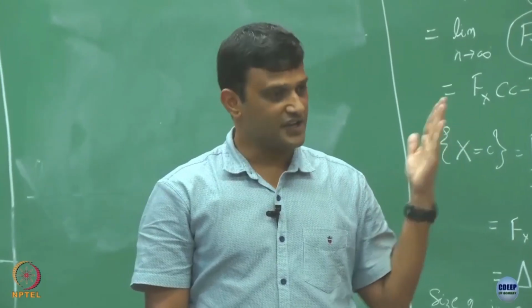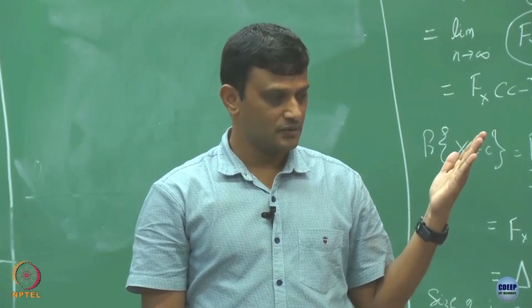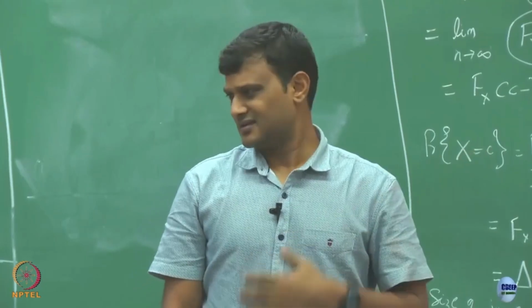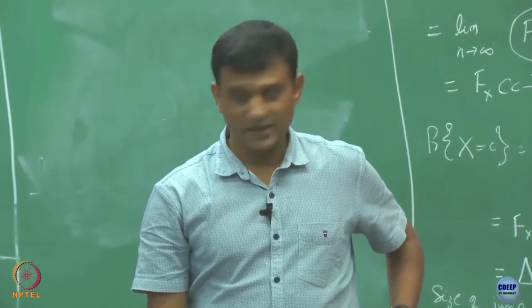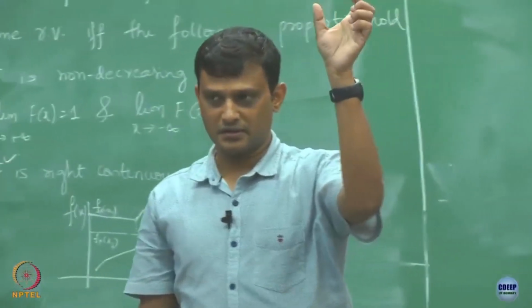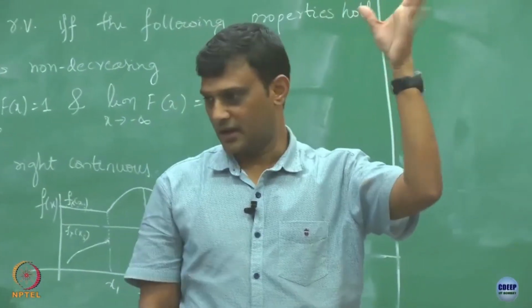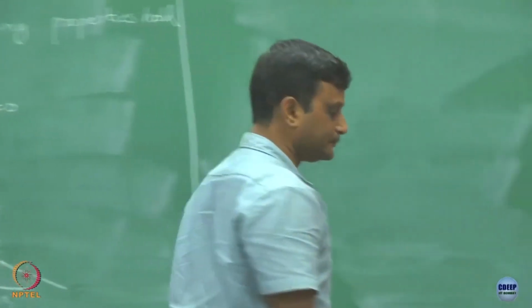Probability is a function on what? Probability is defined on what? Events. Probability is a function from events to, let us say, 0 to 1, or a real number if you want to make it more general.